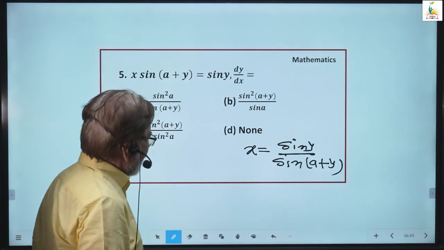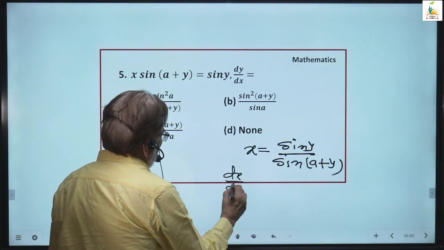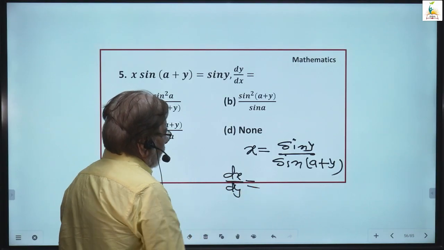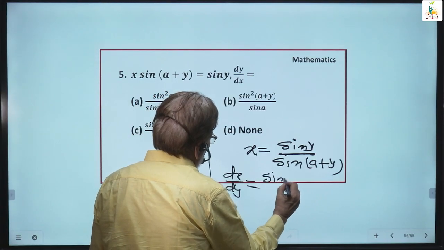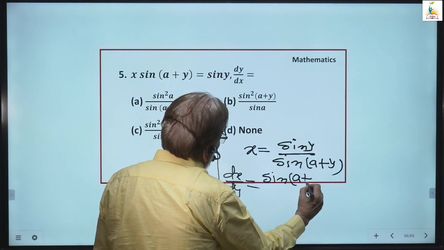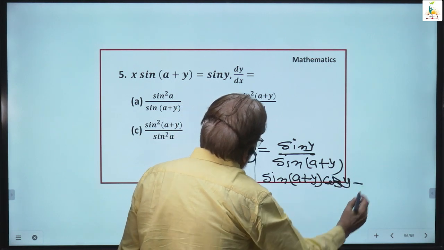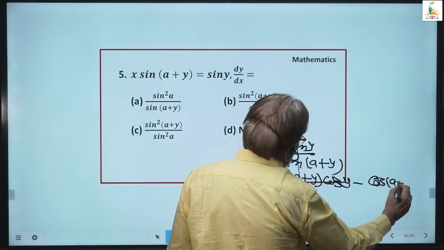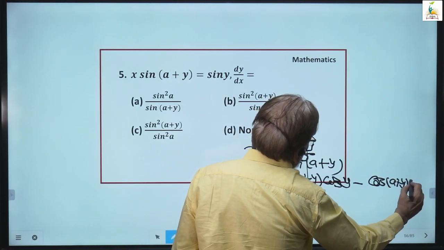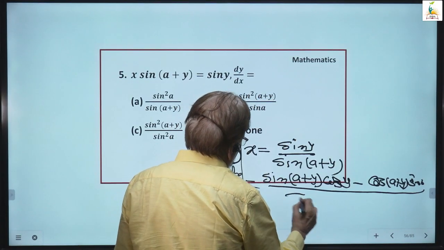If I find dx upon dy, it will be equal to sin(a plus y) cos y minus cos(a plus y) sin y upon sin square(a plus y).